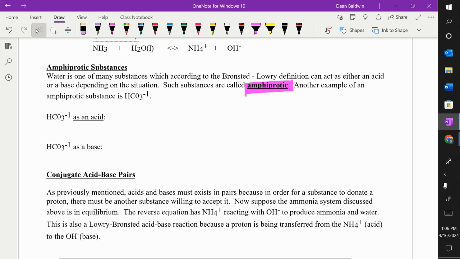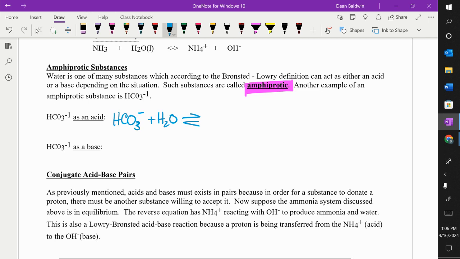Okay, so we got bicarbonate, HCO3 minus. If it acts as an acid, so we're dumping it into water and it acts as an acid, we have HCO3 minus plus water. It's acting as an acid, so what's it going to do?